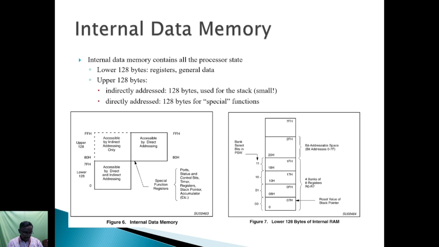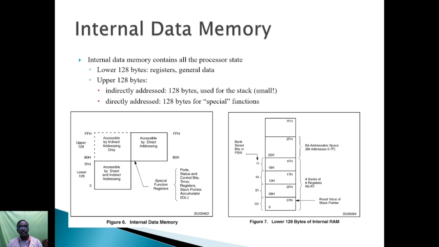Next one is internal data memory. Data memory contains all the process state: the lower 128 bytes of general register data, and the upper 128 bytes. Indirectly addressed 128 bytes are used for the stack.